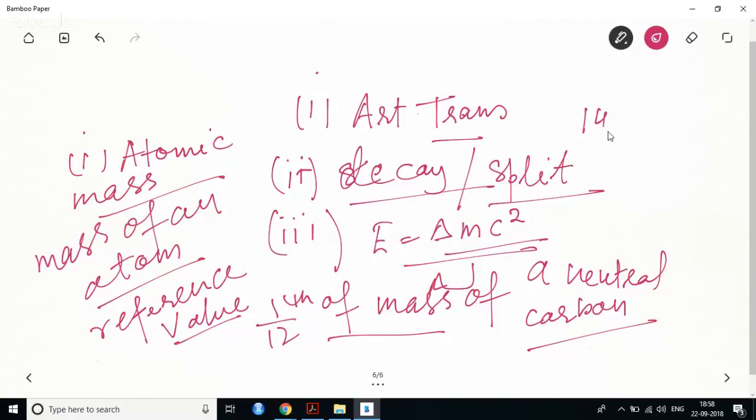This is known as 1U, and this is nothing but 1.66 into 10 to the power minus 27 kg.